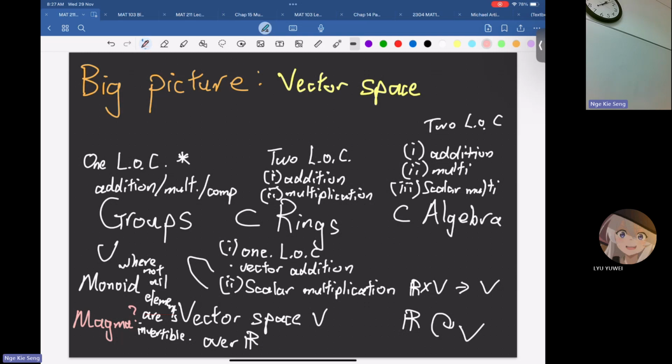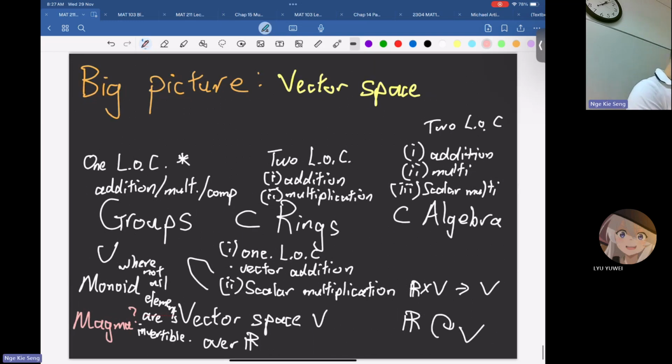And then you can check the group action axioms. Does it satisfy or not? Does 1 times every vector give you the vector back? Does R act associatively on V or not? So it's satisfied. You can check. Okay, so this is the big picture.